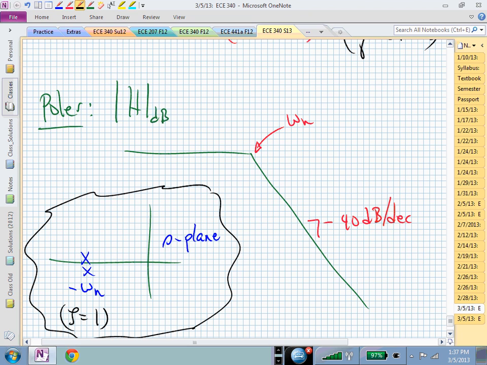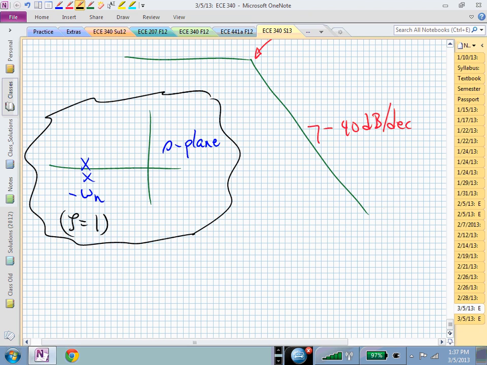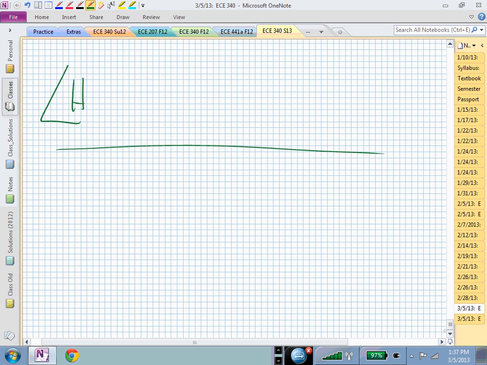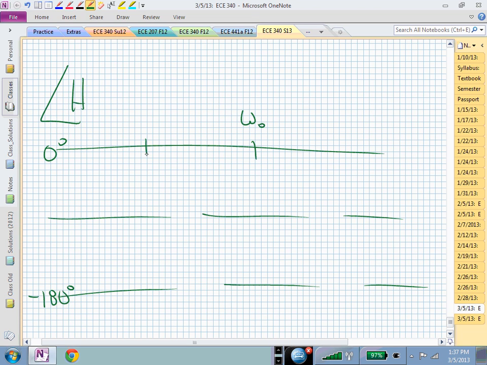And what's the phase look like for zeta equal to 1? Where are we starting our phase? 0. Where are we ending our phase? Minus 180. And where are we living between those?